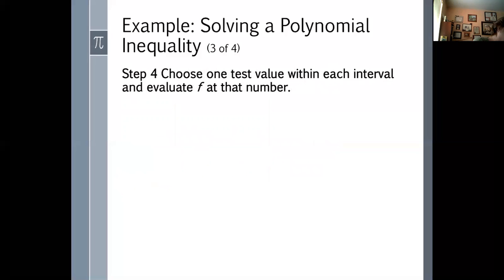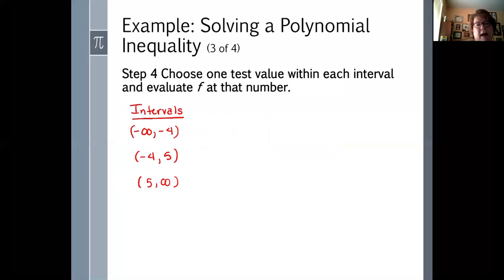Okay, so I'm going to set up my intervals. I'm going to make myself a little table here. My intervals were from negative infinity to negative 4, from negative 4 to 5, and from 5 to infinity. Now I'm going to choose a test value in each of these intervals.